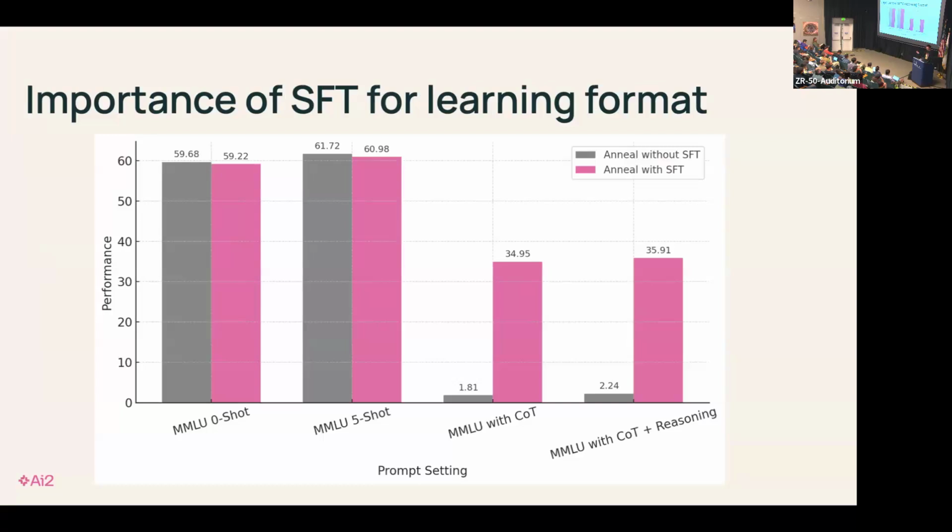How important is this? This is an experiment I ran this morning while this is going on. So I just made this figure. On the left-hand side are just 2 examples of the performance of models. If you did this annealing phase, just a little bit of continued pre-training without any supervised fine-tuning data, just using pre-training data, in general you get this much performance on tasks like MMLU.